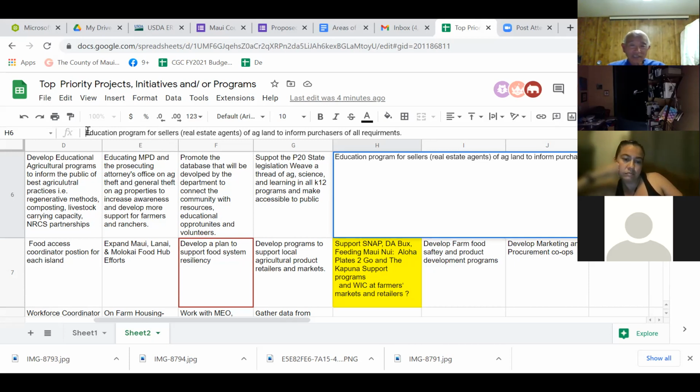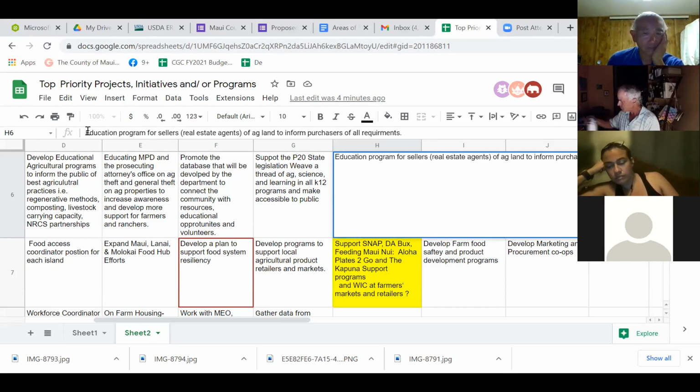That's illegal. Sorry, it's illegal to tell people what they need to do on ag land, what ag land is supposed to be. You can say what it is supposed to be, yes, but you cannot either mandate it or require them to say you have to buy this and farm it. I'm not saying that.